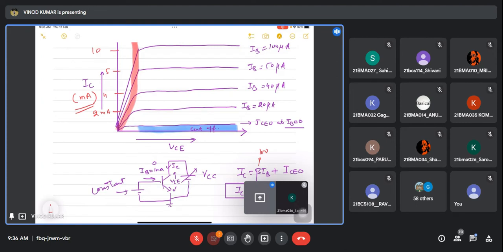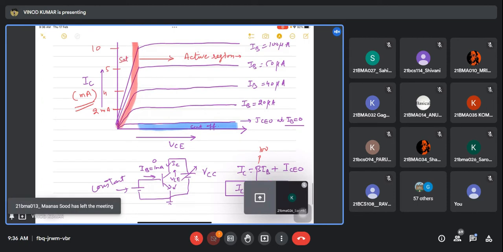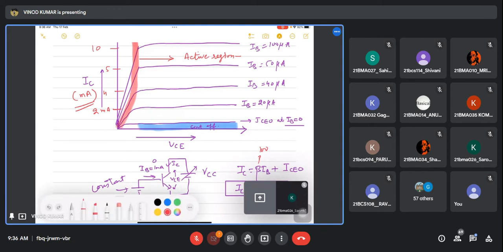So this region is called the active region, and this region is called the saturation region. This is how we are defining it. Okay.